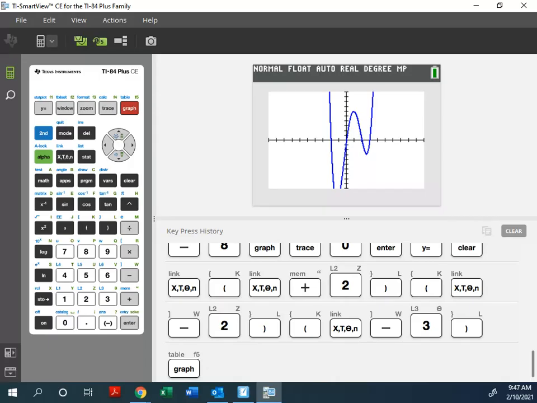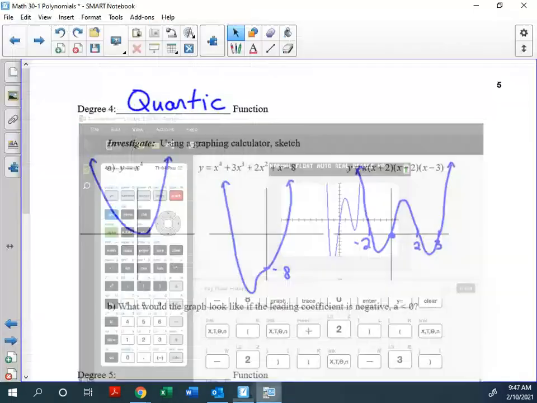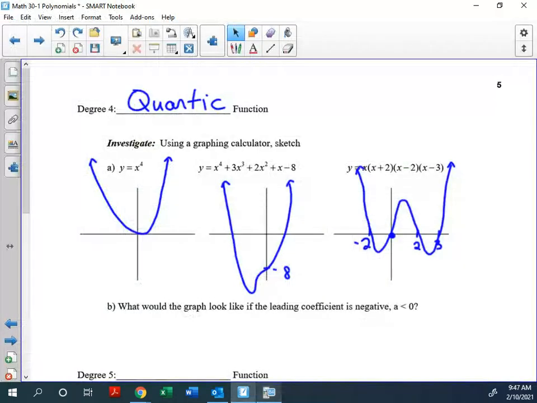That is still a maximum, that is still a minimum in your trace function. In calculus, we will find where those are using a different method. But right now, you would just use your graphing calculator. There's no algebraic requirement for it. That comes later.